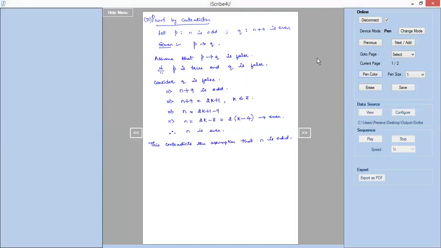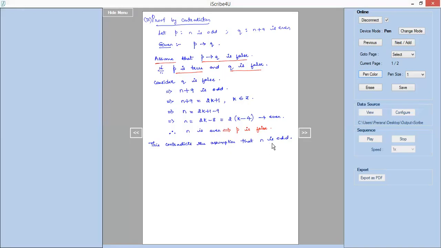So what did we assume? We assumed that P conditional Q is false, and this implies P is true and Q is false. Starting with Q equal to false, we arrived at P is false. So n is even implies P is false. But according to our assumption, P should have been true.